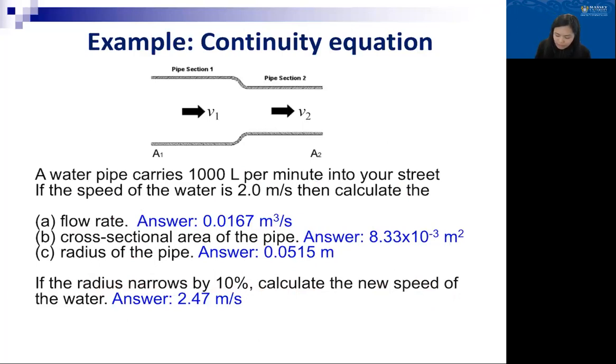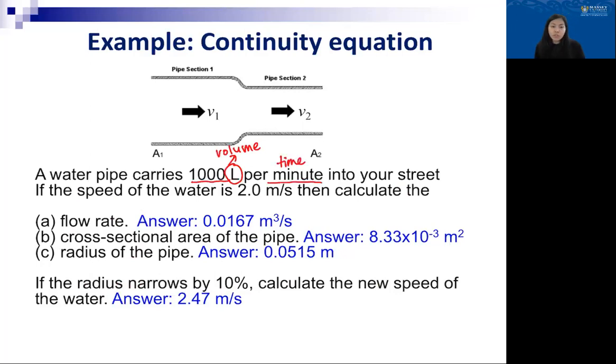So 1,000 liters is a unit for volume. So in short, you're given the volume of water that's flowing through the pipe. Minute, of course, is a unit of time.